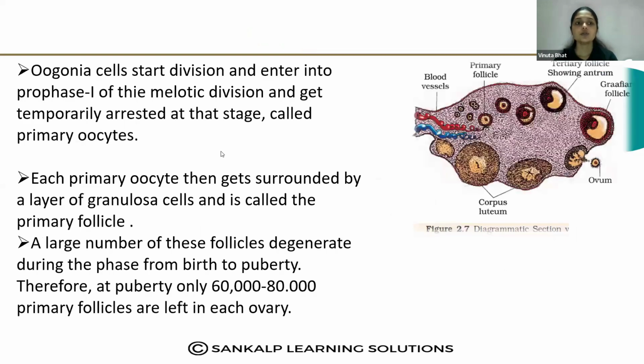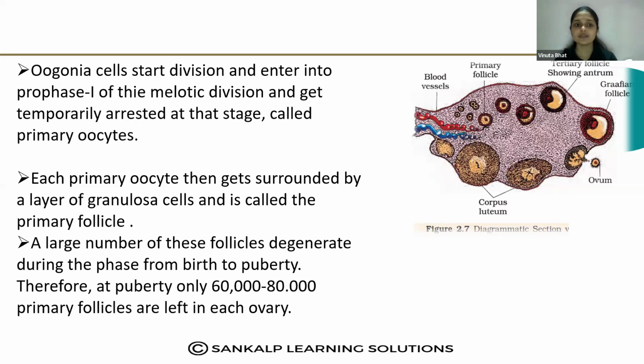The oogonia cells start division and enter into prophase 1 of the meiotic division and get temporarily arrested at the stage called primary oocyte. So the oogonial cells all start the meiotic cell division, but are arrested at prophase 1 of the meiotic cell division.